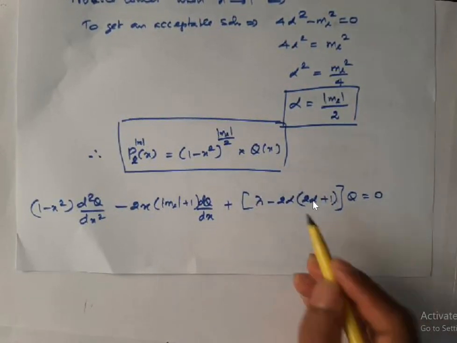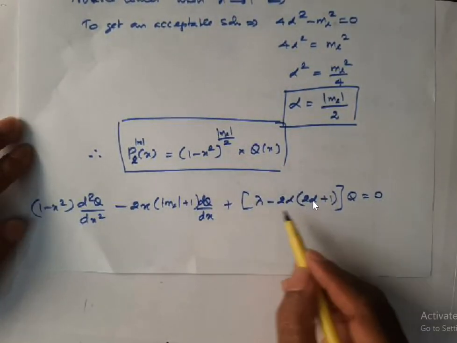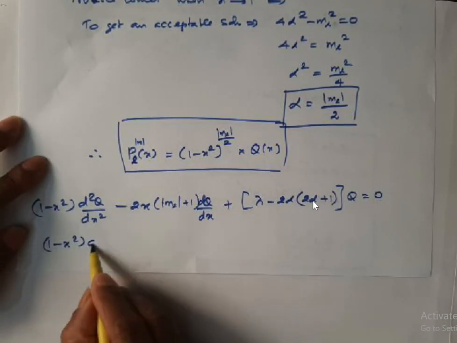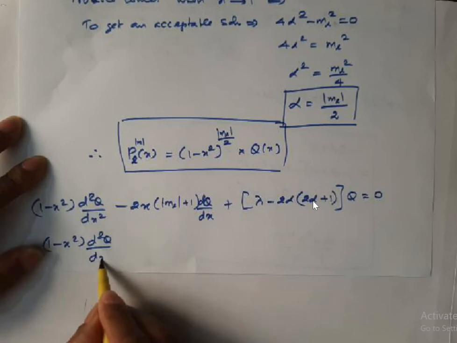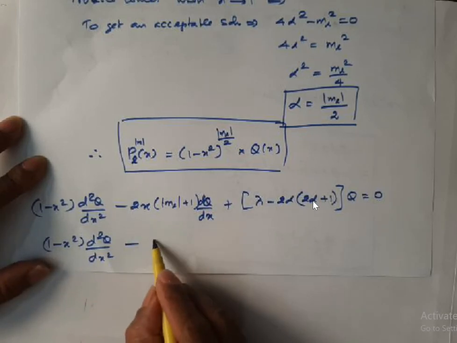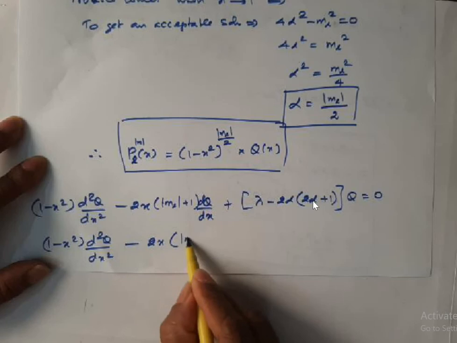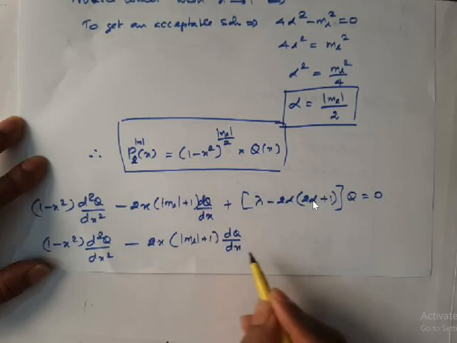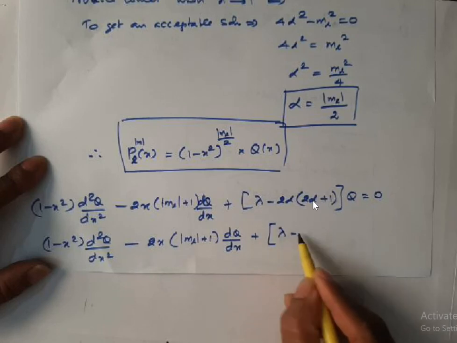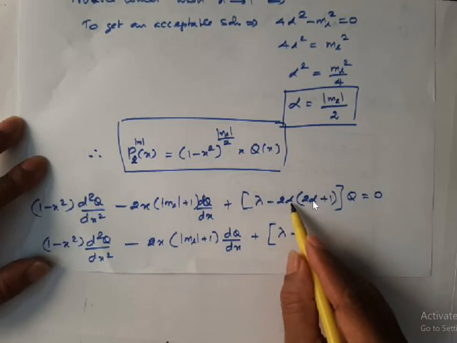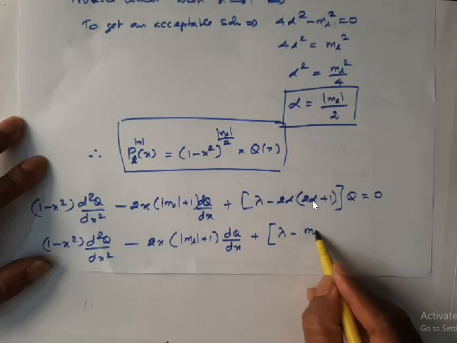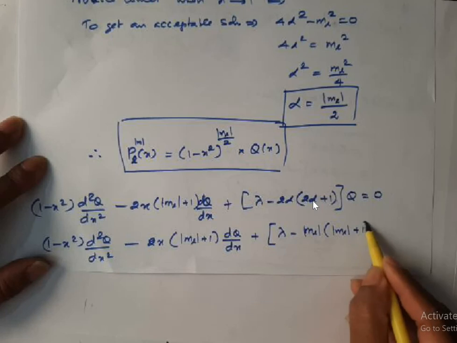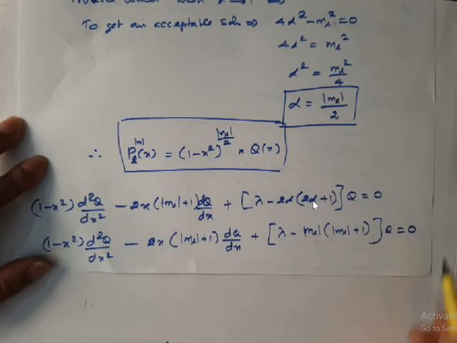And in the place of alpha I'll put ml by 2. So I'll get 1 minus x squared into d square q by dx square minus 2x into modulus of ml plus 1 into dq by dx plus lambda minus, in the place of alpha I'll put ml by 2, 2 cancel, so I'll get modulus of ml into modulus of ml plus 1 into q equal to 0.